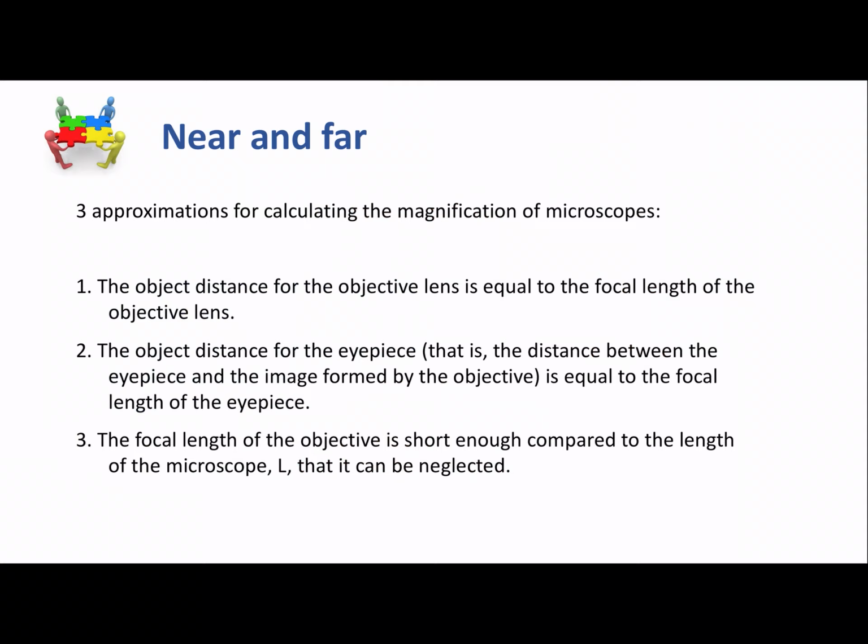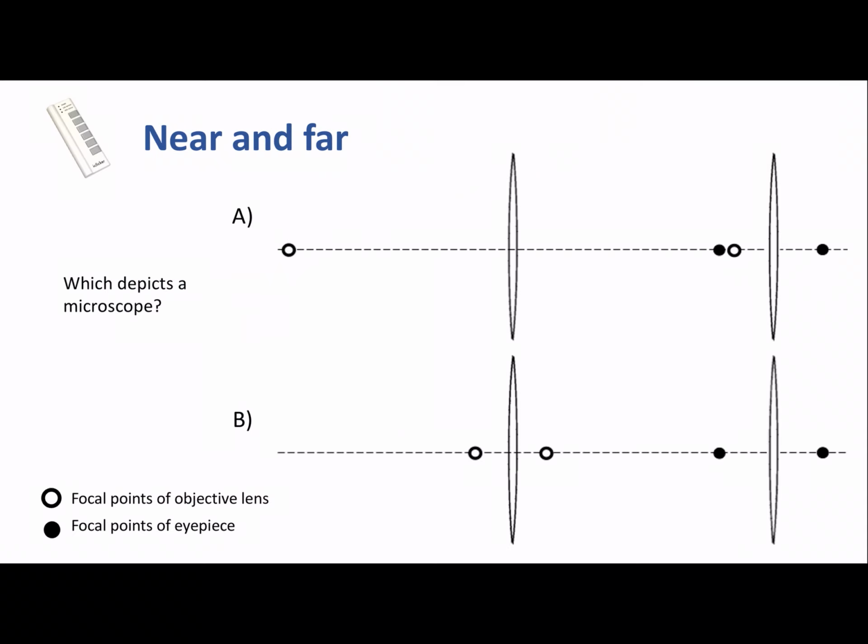Not that relevant unless we're actually deriving these equations. If you want to do that, you need to understand these. I think more interesting is to think about how these devices function, and how we can use what we have learned about lenses to make some determinations about how they function. So I'm going to move beyond this, and we're going to look at some pictures.